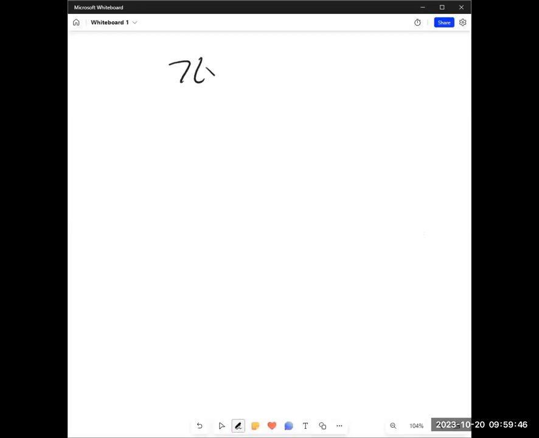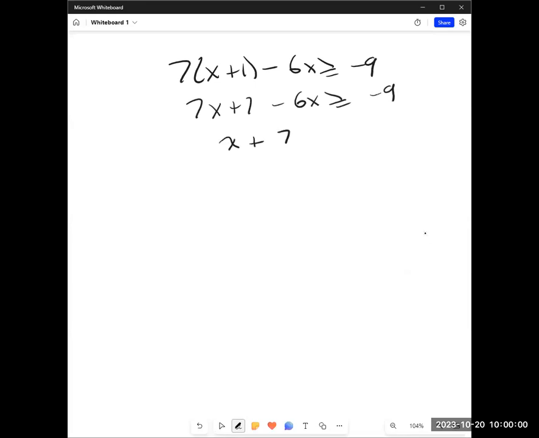I have 7 times x plus 1 minus 6x is greater than or equal to negative 9. So 7x plus 7 minus 6x is greater than or equal to negative 9. X plus 7 is greater than or equal to negative 9. Let's subtract 7 from both sides, and x is greater than or equal to negative 16.